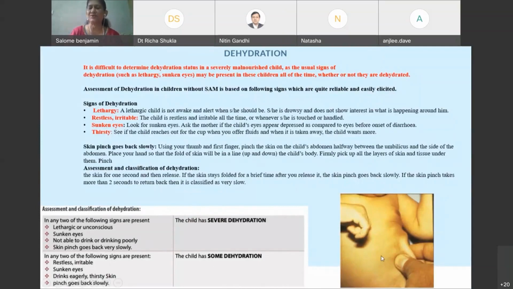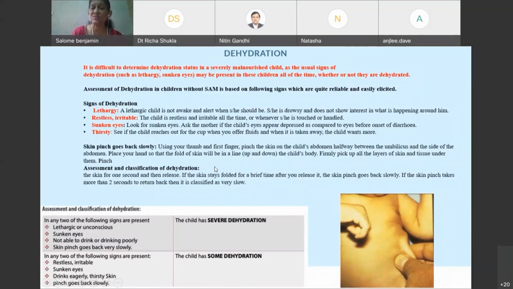If you have this, it is severe. And if the child is restless, irritable, has sunken eyes, drinks eagerly, is thirsty, and the skin pinch goes back slowly, there is some dehydration. So first you determine the degree of dehydration, and then you start by this examination.